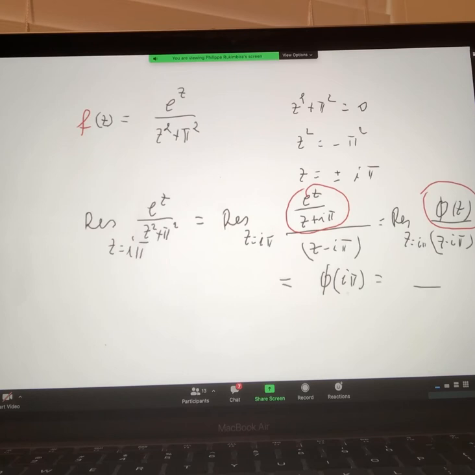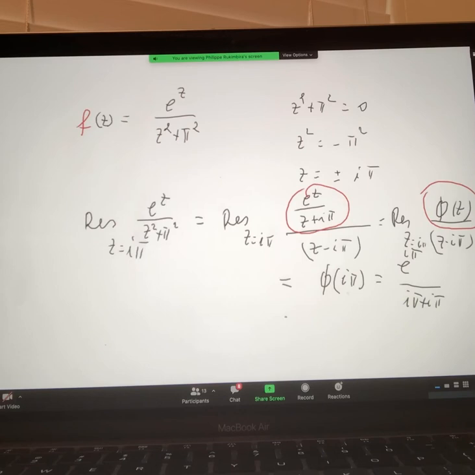So all I need to do is e^(i pi) over, I'm evaluating phi, i pi plus i pi. And Baruch is telling me something. You think it's going to be i over 2 pi? I believe so.